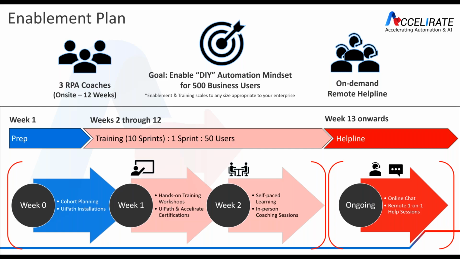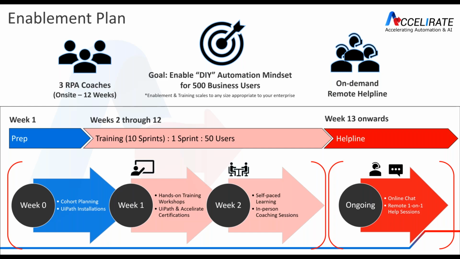And then we run multiple hands-on training workshops and training sessions. And at the end, the users get both UiPath and Accelirate certifications on citizen development. And we also include information materials so that they continue their self-paced learning and attend coaching sessions to make sure that they're getting the most benefit from the training.